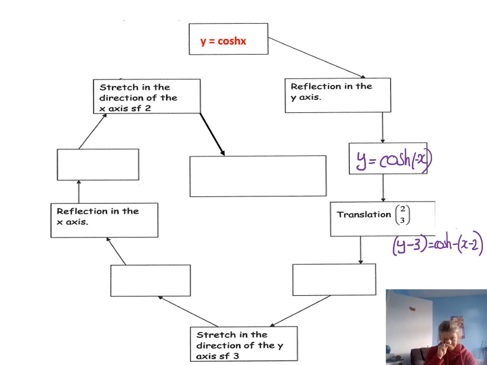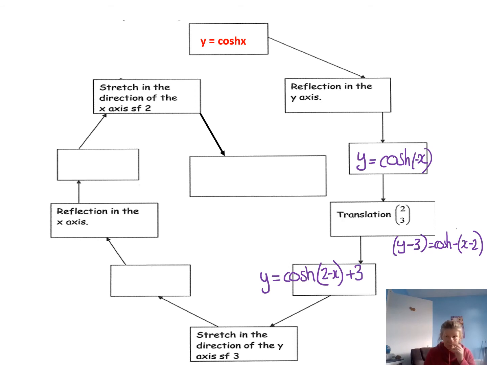So if you wanted it sorted out, we'd have y equals cosh of bracket, maybe it's minus minus 2, so it's 2 take x, and plus 3.